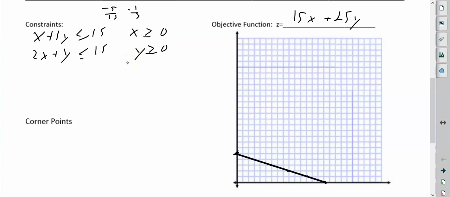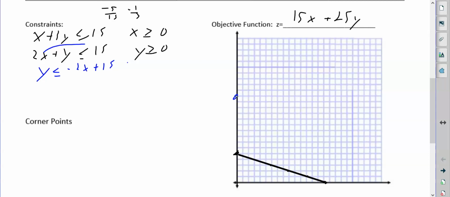All right, now on this one, if you do the cover method, you get 7.5 for x. It's still going to end up being that way anyway, but let's do it with y is less than or equal to negative 2x plus 15. Let's start at 15.